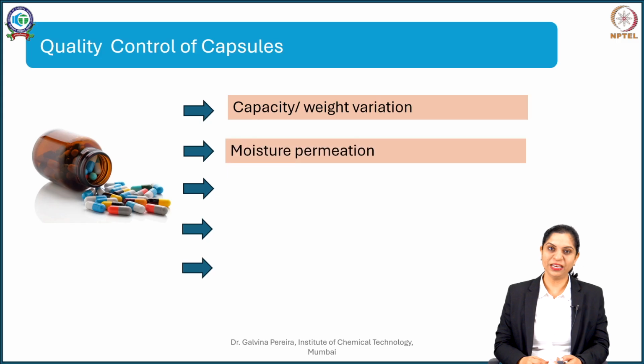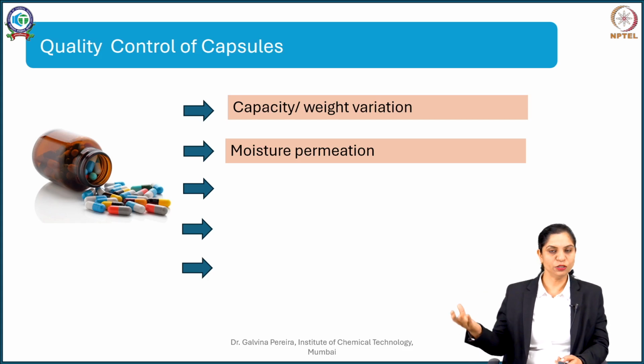Then moisture permeation. Like I said, the moisture content of the hard gel capsules is kept constant between 13 to 16%. Now if it is more, they turn soft, and if it is a liquid fill capsule, you need to take care that there is no permeation, otherwise your capsules will get distorted.